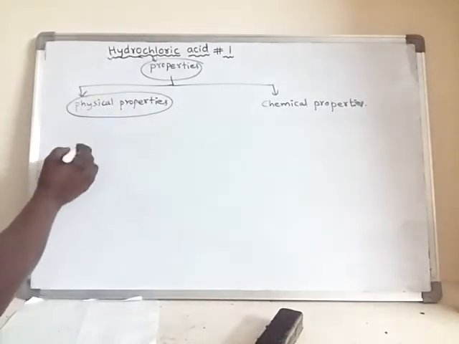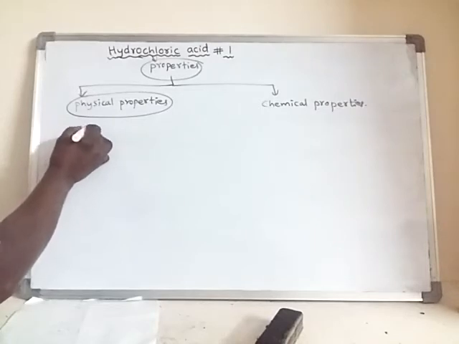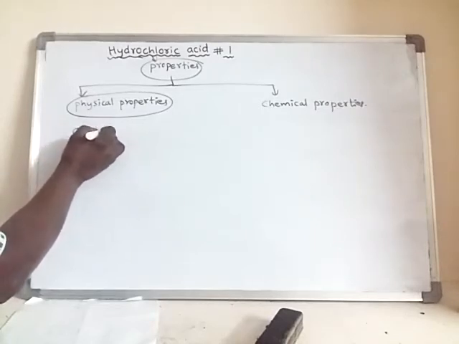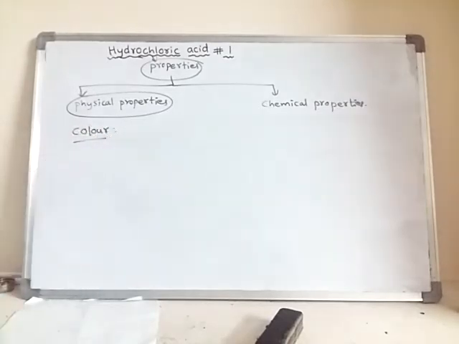If you see the physical properties, the first one is color. So what is the color of hydrochloric acid? Pure hydrochloric acid is colorless.